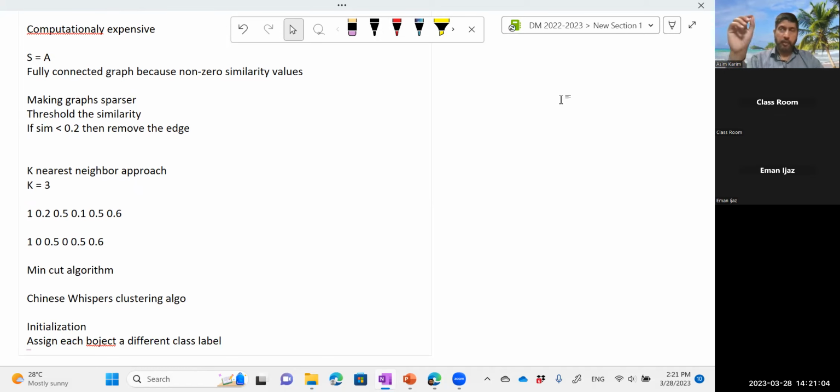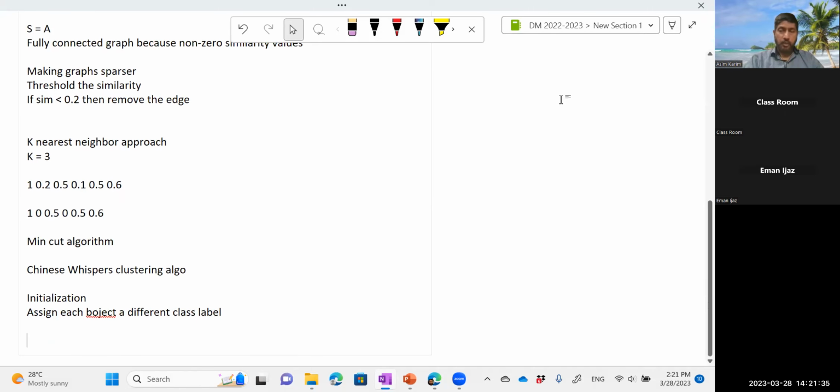So for example, if you have n objects, remember this is also a graph. You have n nodes in the graph. हर एक नोड को एक डिफरेंट क्लास लेबल ले रहे हैं, मतलब 1 to n क्लास लेबल, n क्लासेस हैं शुरू में. सो लेट्स से आपके पास चार ऑब्जेक्ट्स हैं, A1 A2 A3 A4. So आपके पास A1 would belong to class 1, A2 to class 2, A3 to class 3 and A4 to class 4. चार classes होंगी. Initially you assign each object to each class.